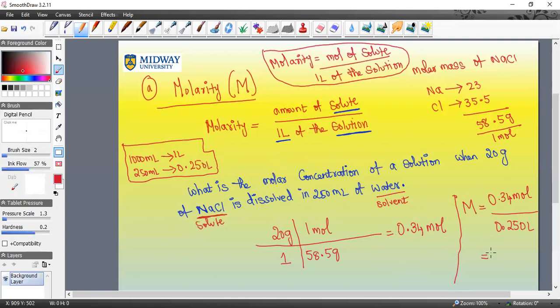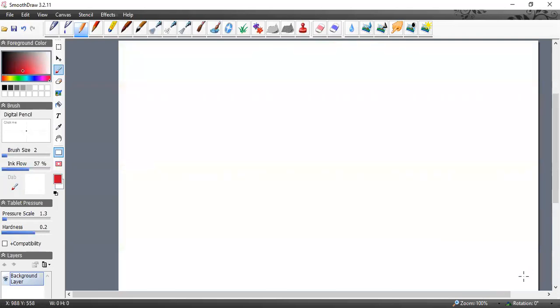So 0.34 divided by 0.250 is 1.36 moles per liter, or simply 1.36 molar. Both are correct. I am going to talk more about this in the next screen. Perhaps we'll work out one more problem just to help understand this concept better.